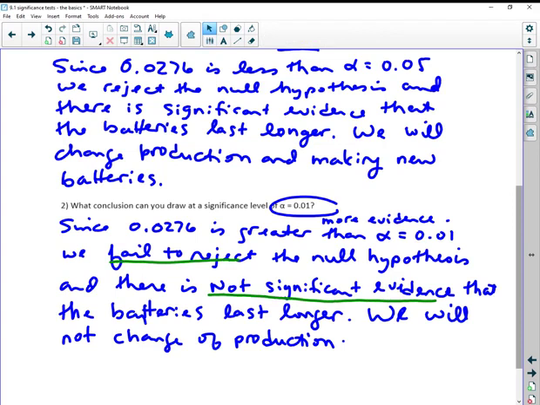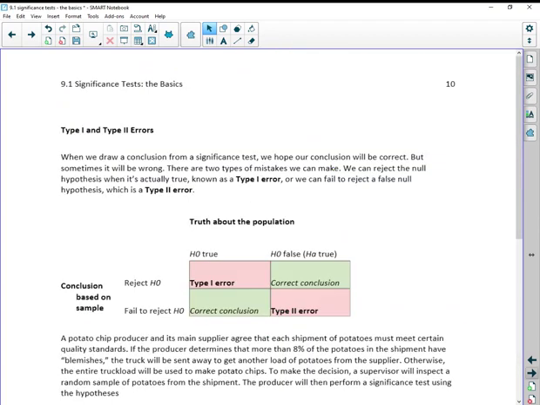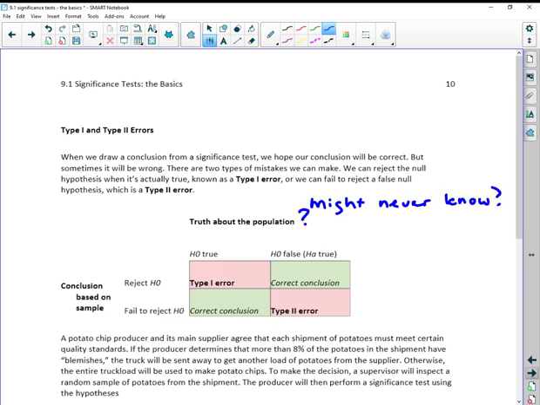Now, when you make decisions, sometimes your decisions are right and sometimes they're wrong. Sometimes you might never know what the truth is about the population, but there is a truth.